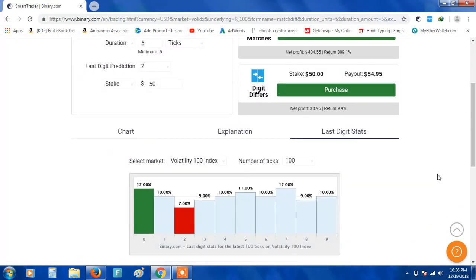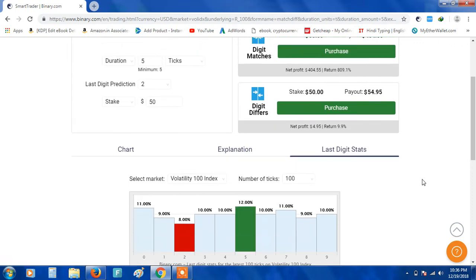Now my target is completing $200 today. So be patient.